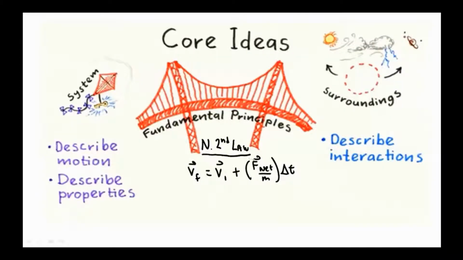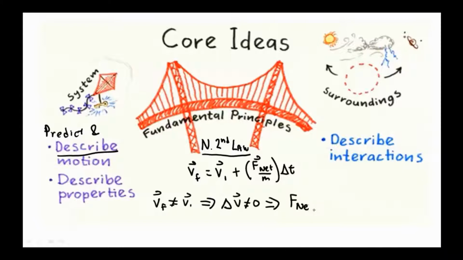We now turn to applying Newton's second law to construct computer models to help understand and predict the observed motion. We have a case where the velocity is changing, meaning the change in the velocity is non-zero. So as we discussed, this suggests we have F net is non-zero. So there's at least one agent in the surroundings that's exerting an influence on the object.